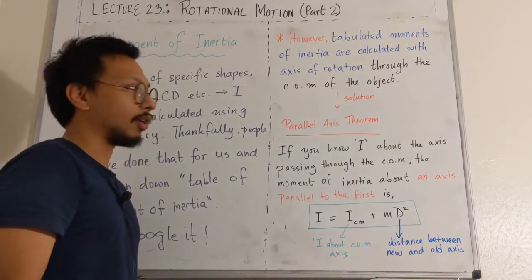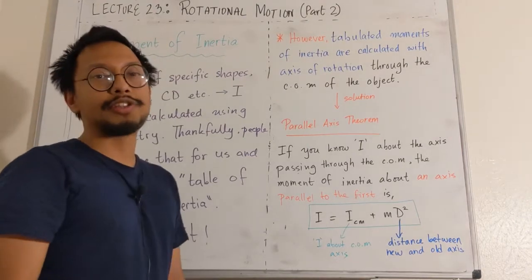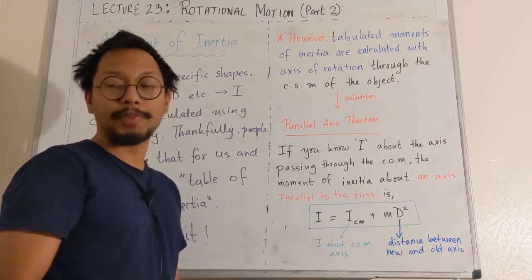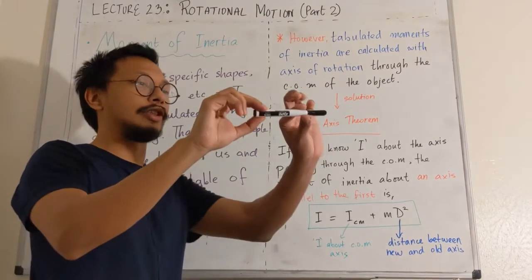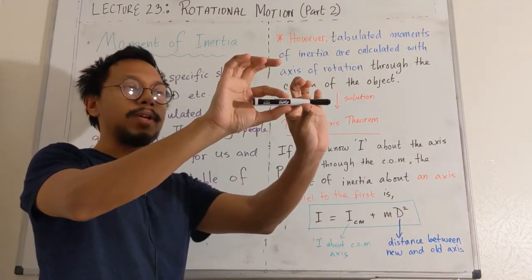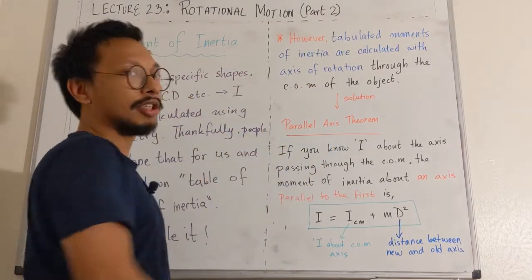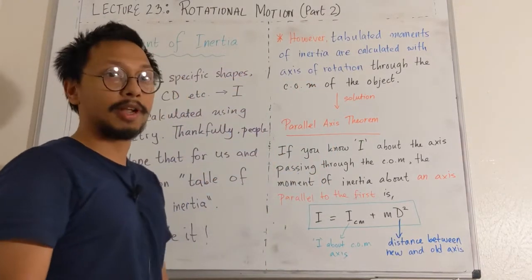All right. So what if we change our axis of rotation like we did for the pen, when we moved our axis of rotation from the center of mass to one end of the pen? Then the table of inertia is not completely helpful, but it does play a role.